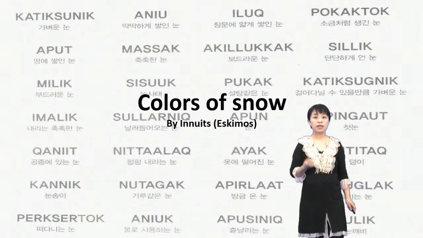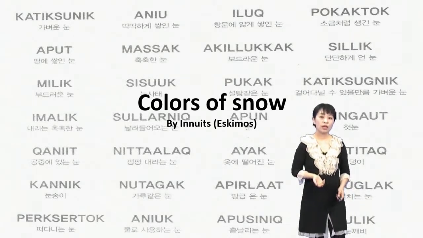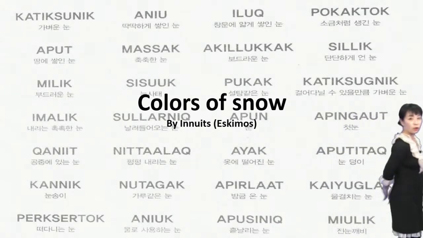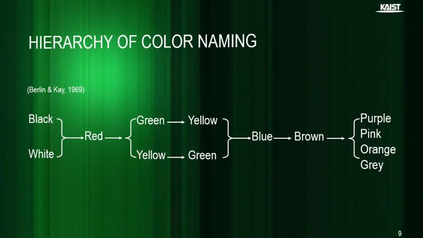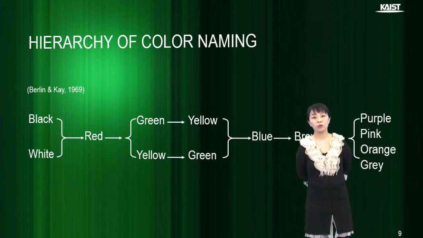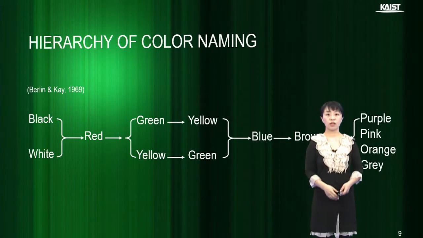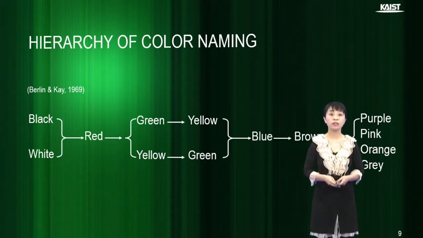Then, how many basic color names do you have in your language? It is said that the Eskimos have at least 28 color names to describe snow. In 1969, Berlin and Kay carried out an extensive investigation about the usage of color naming across more than 130 language groups.